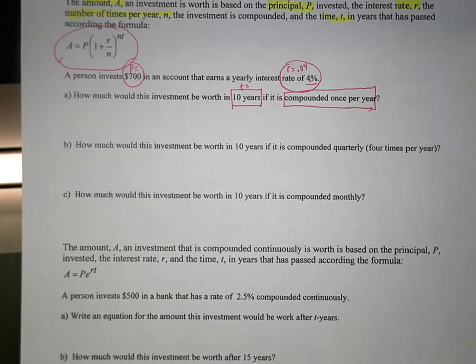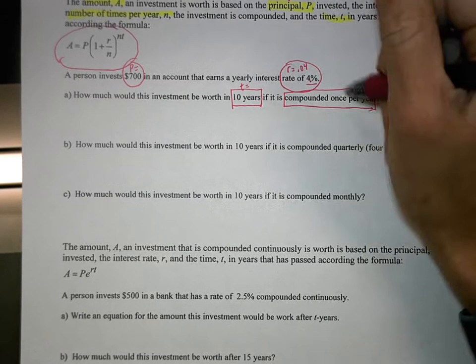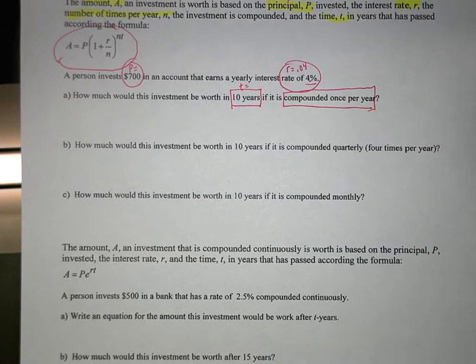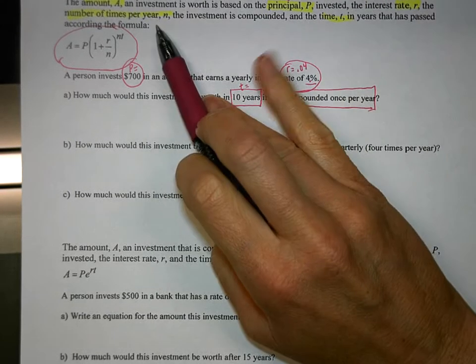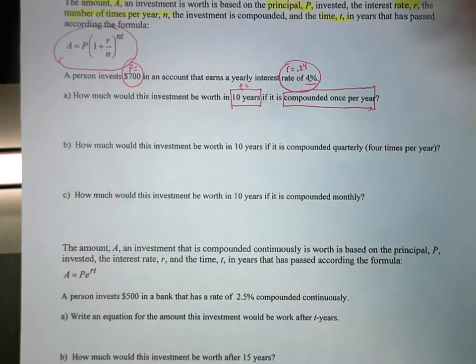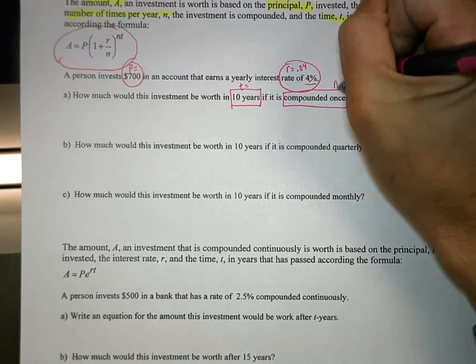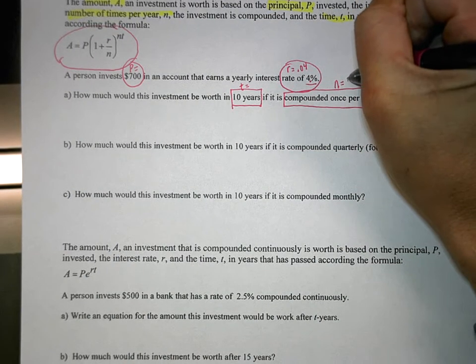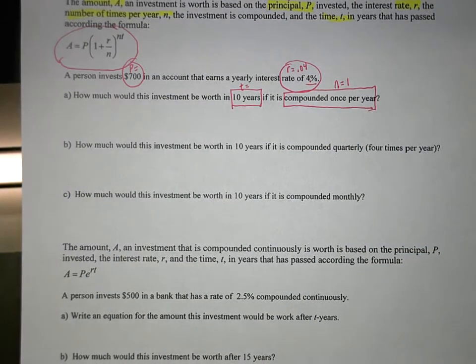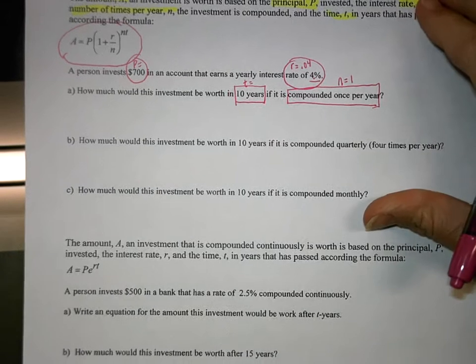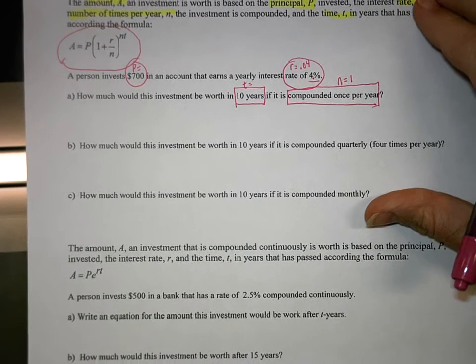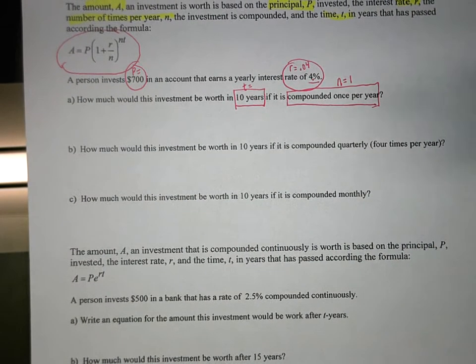Sometimes it's 12 times per year, sometimes it's quarterly. So 1 time per year, that represents the N, the number of times per year. So in this case, N equals 1. Okay, so far, do we have any questions?